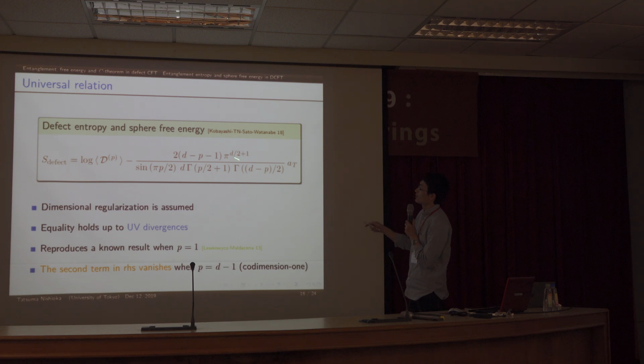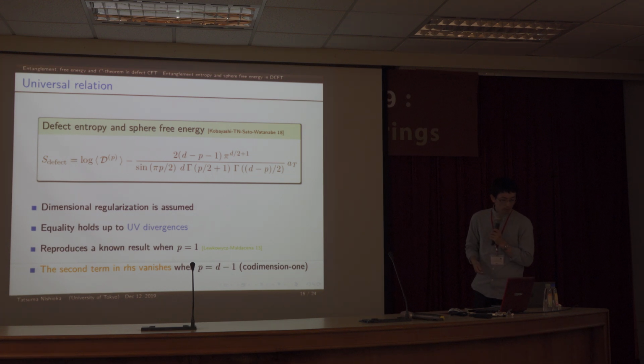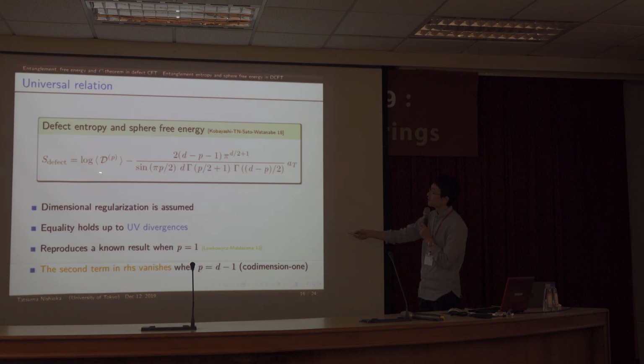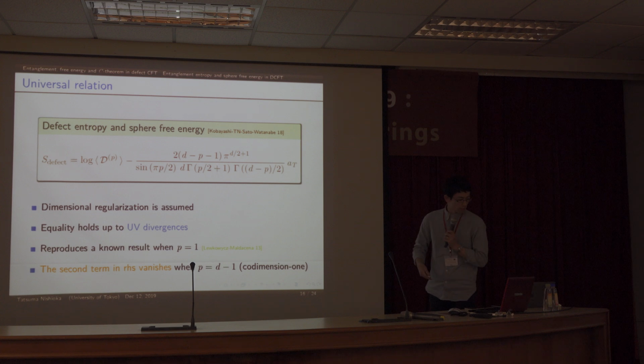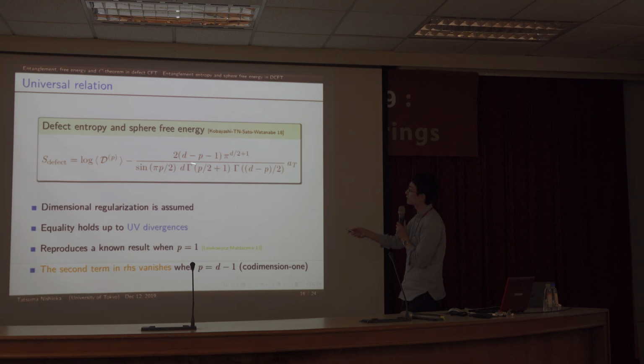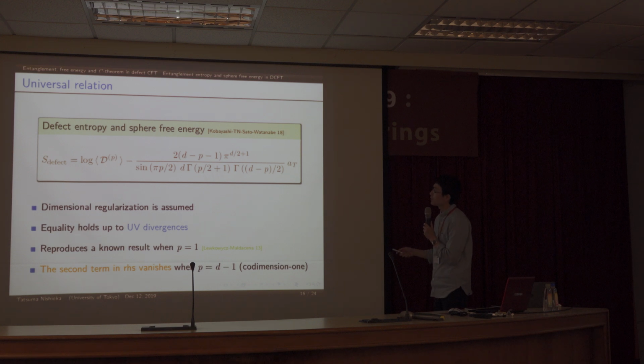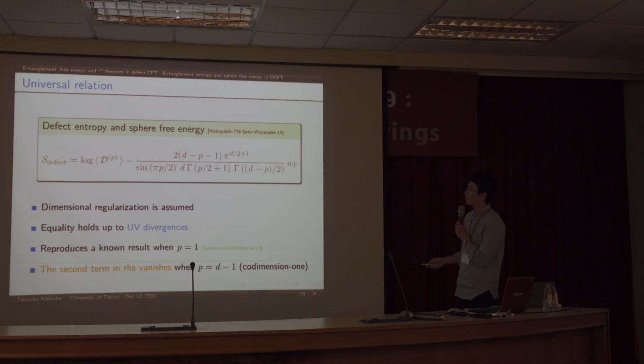This is a universal result, which is valid for any CFT. Of course, this equality holds up to UV divergence. In this argument we use dimensional regularization, so all the power-law UV divergences are cancelled, renormalized automatically. And our result reproduces a well-known result when p is equal to 1. The p equals 1 case was studied by Jensen and O'Bannon.